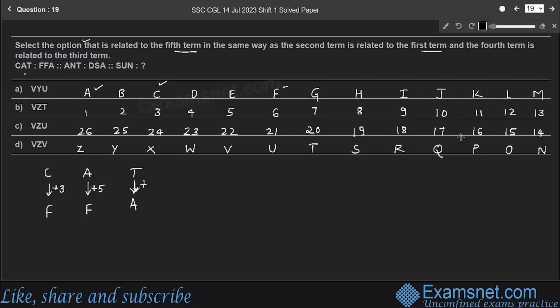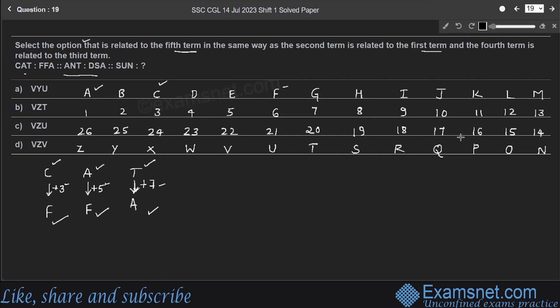So I can write T plus 7 as A. Here the logic is first letter plus 3 gives the first letter of the next cluster, second letter plus 5 gives the second letter, and third letter plus 7. Here 3, 5 and 7 are consecutive odd numbers.